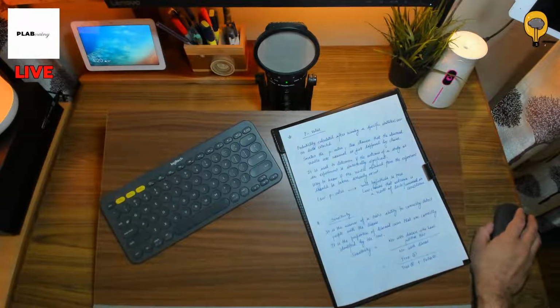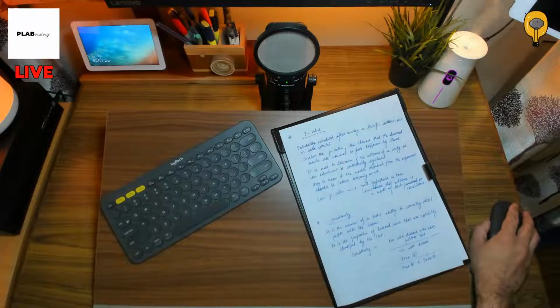That is how we'll calculate it. The positive predictive value looks at the probability that a person who has a positive test really has the disease.